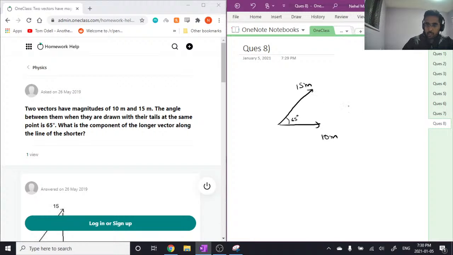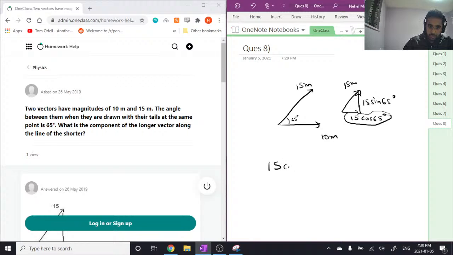So if we were to resolve this vector into its two components, we would get 15 sine of 65 degrees and 15 cos of 65 degrees. Therefore, this is the component of the longer vector along the shorter vector. So that is the answer.